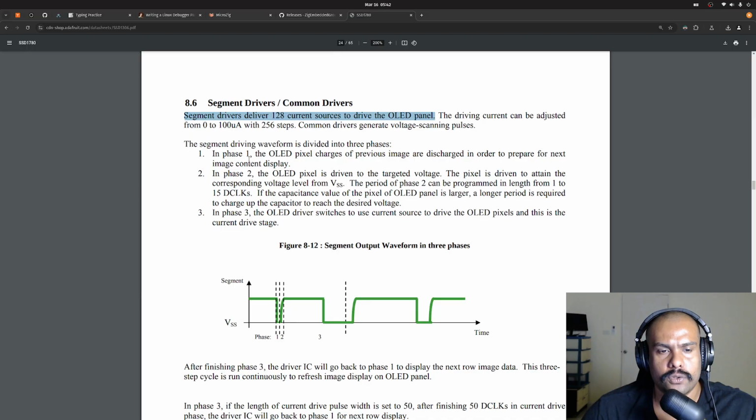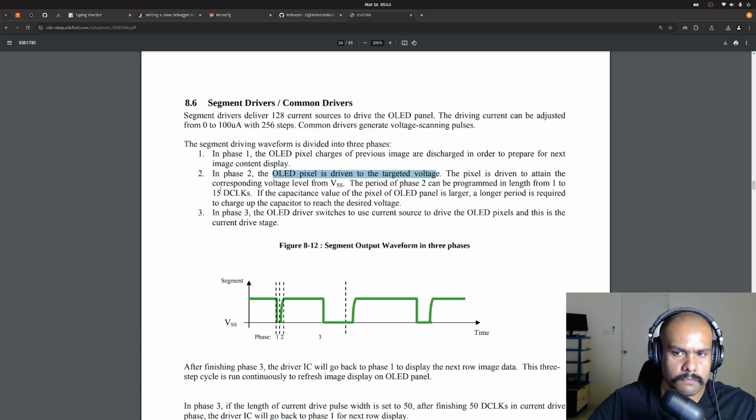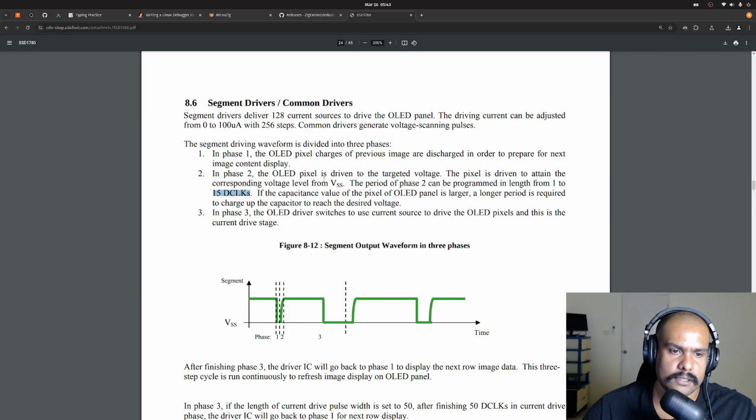In phase 2, the OLED pixel is driven to the targeted voltage. The pixel is driven to attain the corresponding voltage level from VSS. Period of phase 2 can be programmed in length from 1 to 15 BCLKs.